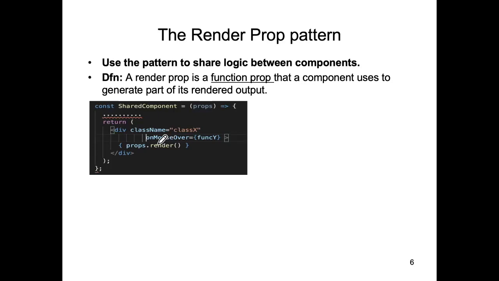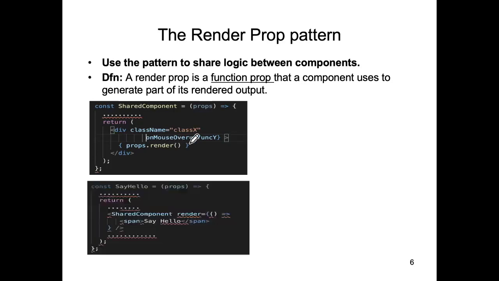So how does the consumer pass down this render prop? Here's my consumer in this case, and it's using my shared component. And here's the render prop, and I am indeed assigning it a function, albeit the arrow style in this case. And the function is trivial, right?